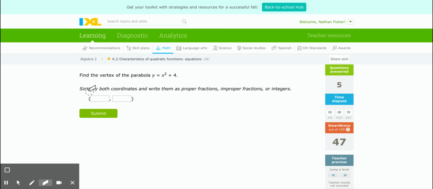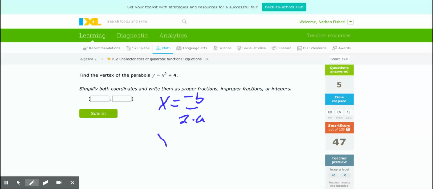Okay, this is what I was talking about a second ago. Vertex, it wants both the x and the y of that coordinate. So the x is going to be what we just did, where we find the axis of symmetry. In this one, I'm going to have x equals negative. Be careful here.